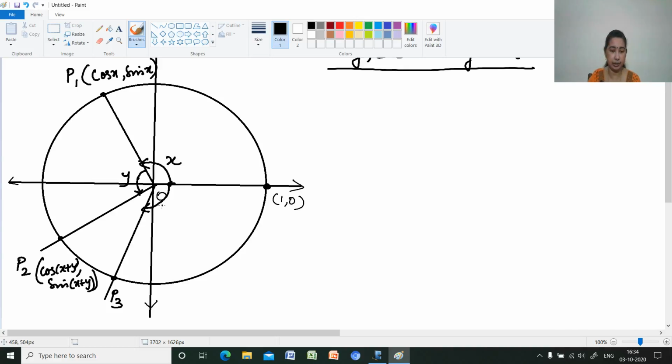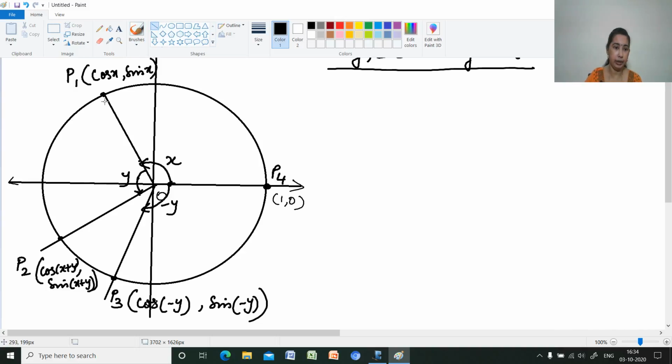So let this angle be minus y. So it has reached over here, and this point we can write as cos of minus y comma sin of minus y. That is P3. And finally we will take this point as P4, since it is a unit circle and it can be written as 1 comma 0.